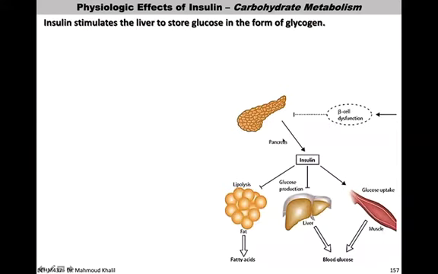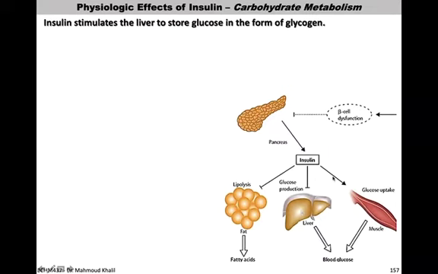So here we'll continue with more elaboration on carbohydrate metabolism and try to see the general picture. Insulin stimulates the liver to store glucose in the form of glycogen. You can see here that insulin promotes glucose uptake by the muscle and inhibits glucose production from the liver, in order not to add more glucose into the circulation.